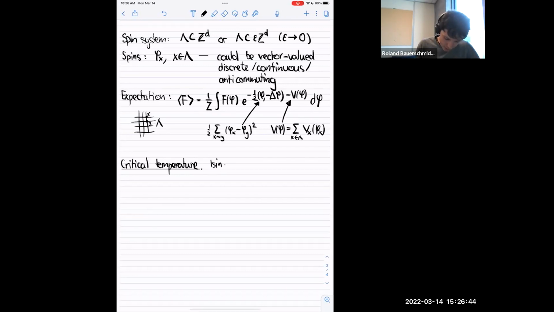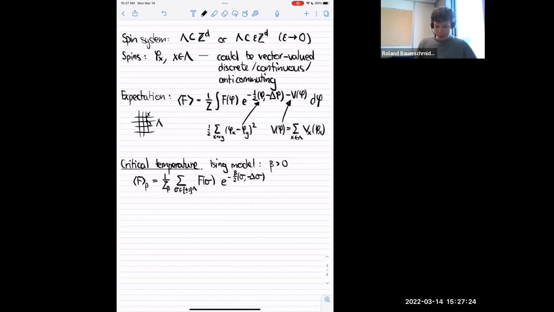Let me say a little bit more precisely. So for example, if you're looking at an Ising model, well, that would be defined in terms of some parameter beta greater than 0, which is called the inverse temperature, and then in this case, the statistical average would be given by summing over all spin configurations sigma in plus minus 1 to the Lambda, taking the Dirichlet energy term, which in this case is just the exponential of beta times the number of pairs of disagreeing spins.